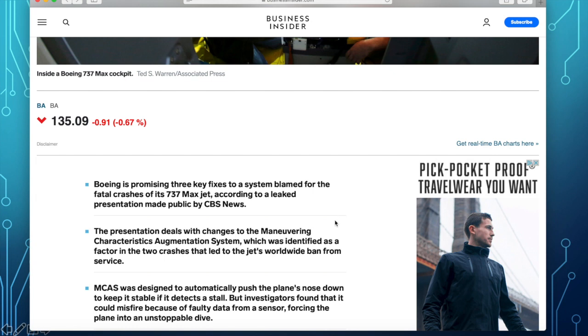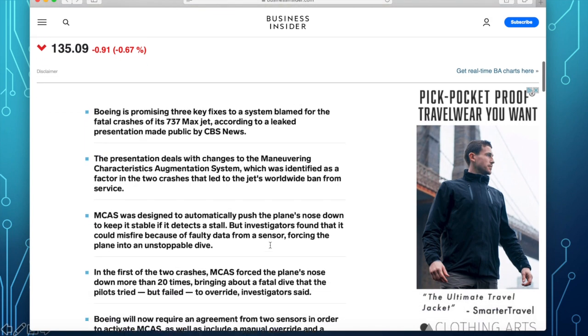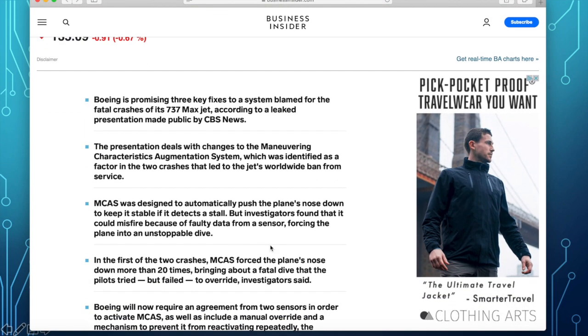It could stall. So the software that watches that is called the MCAS, Maneuvering Characteristics Augmentation System, and this is the one that watches if the airplane is going to stall by measuring what we call angle of attack of the airplane or position in the sky.